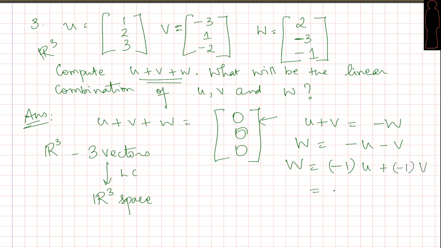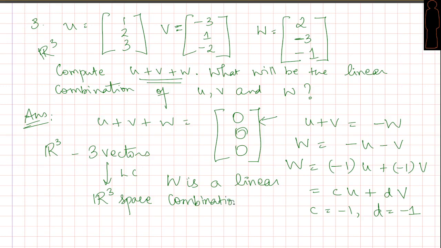Now how does this look? This is going to be cu plus dv, where c is equal to minus 1 and d is equal to minus 1. What does this indicate? This indicates that w is a linear combination of u and v.